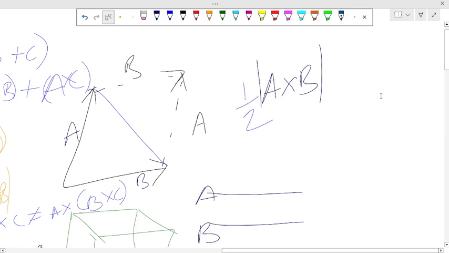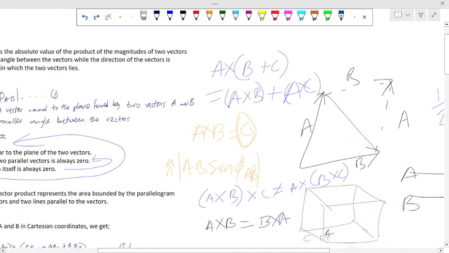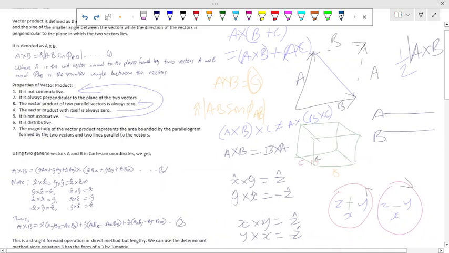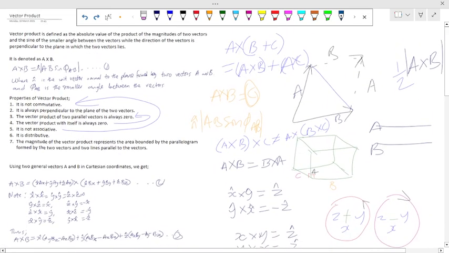If you remove the half, it gives you the area of the parallelogram formed by the two vectors. Those are the properties of the vector product.